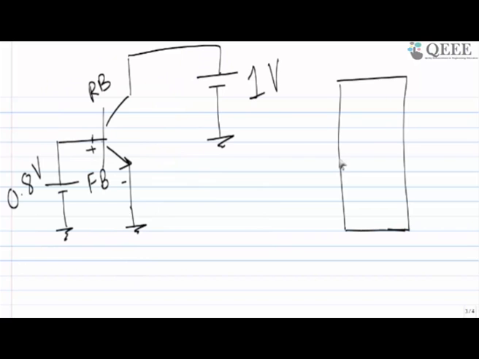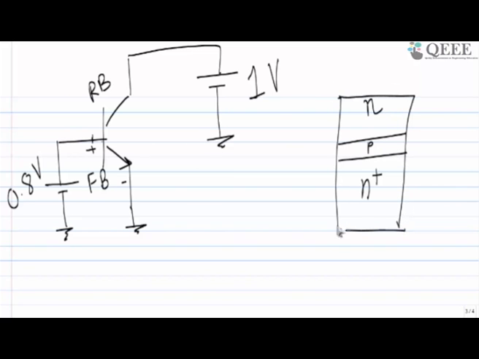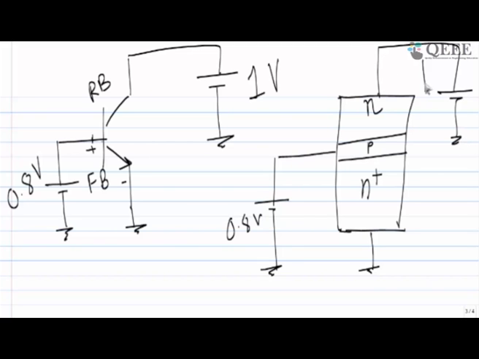That modification is, instead of NPN, I am going to keep here N plus, with a very small base, which I'm going to call P. So this kind of arrangement. N plus is heavily doped N and N is lightly doped N. This one is connected to 0.8 volt. This one is connected to 1 volt.